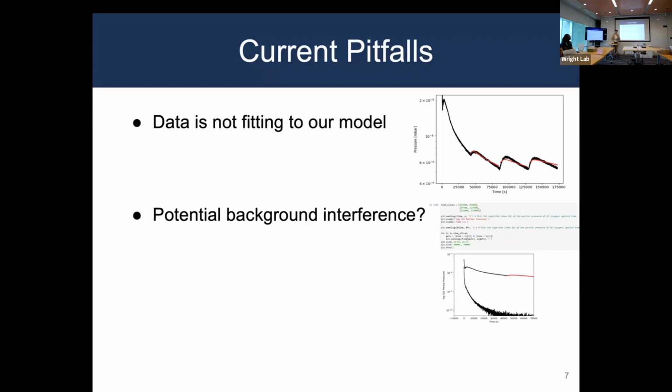So it's still a possibility, but I moved away from that to look into other reasons why our data might not be fitting, just because the background data we have is so much lower than when we have samples. The background data here is when we have no sample in the chamber, and the top line is when we do have a sample in the chamber, and you see that big difference, giving us confidence that there might not be interference.